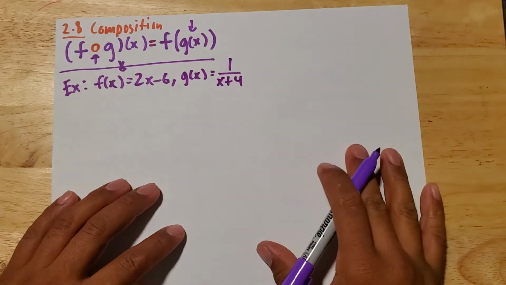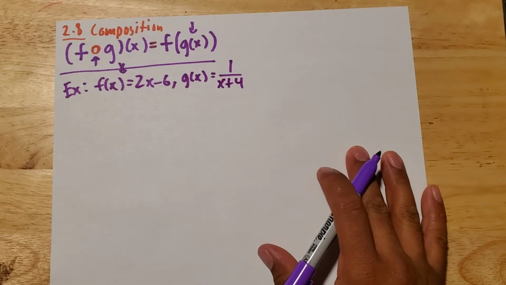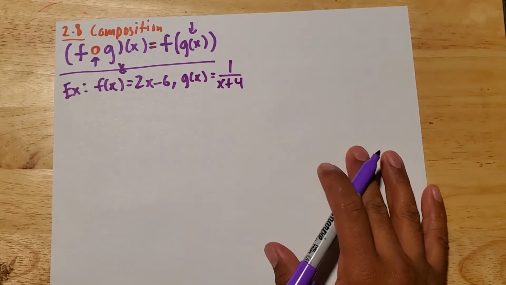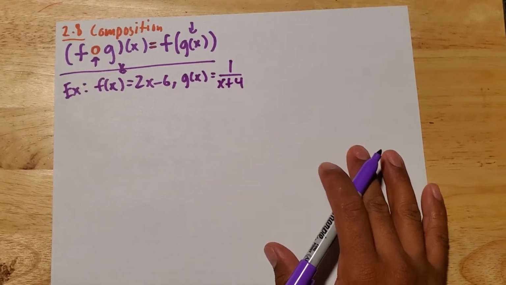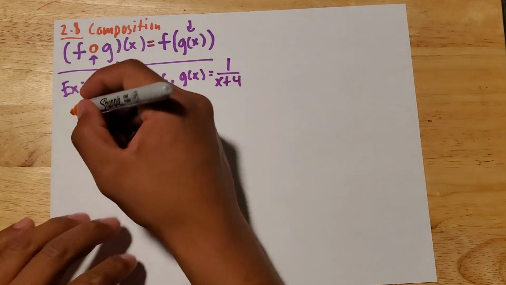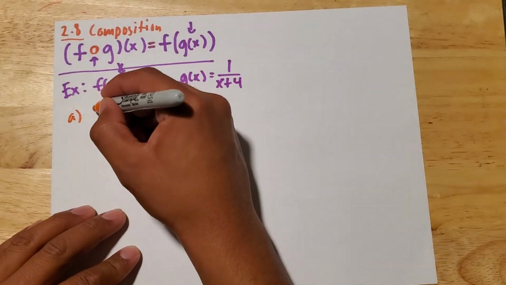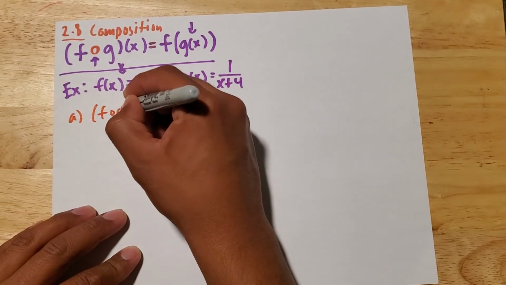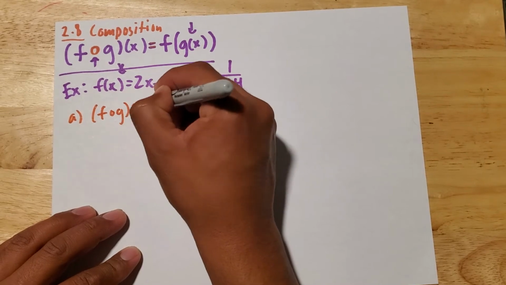Hopefully you can see that. Now, let's try doing both. So we're going to try to find the first one, which is f of g of x.